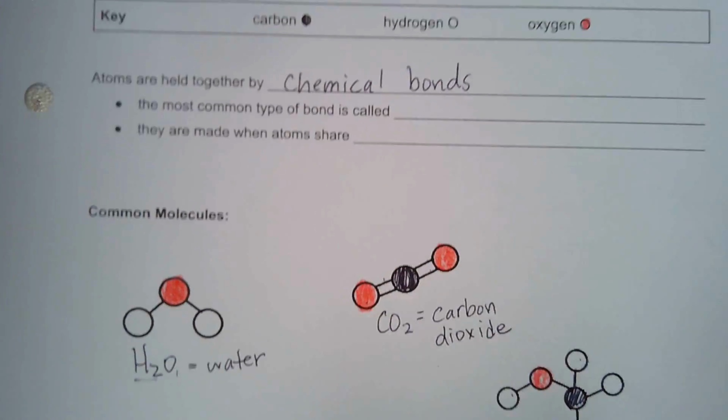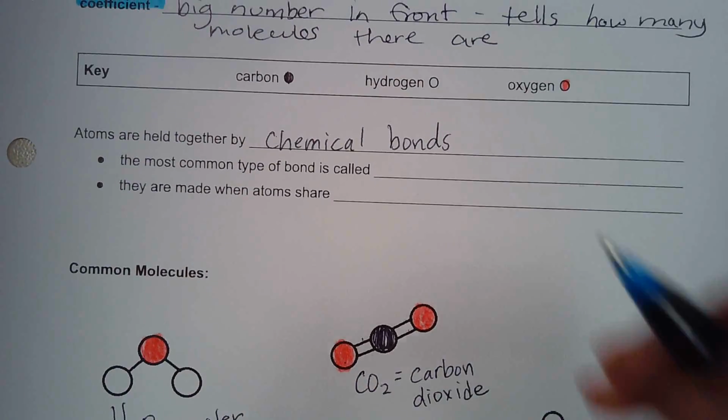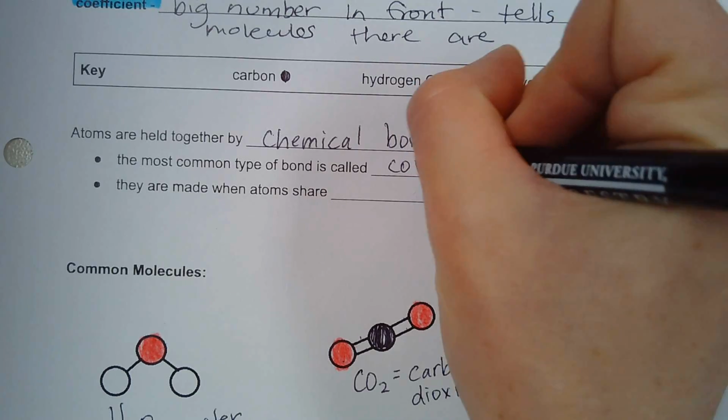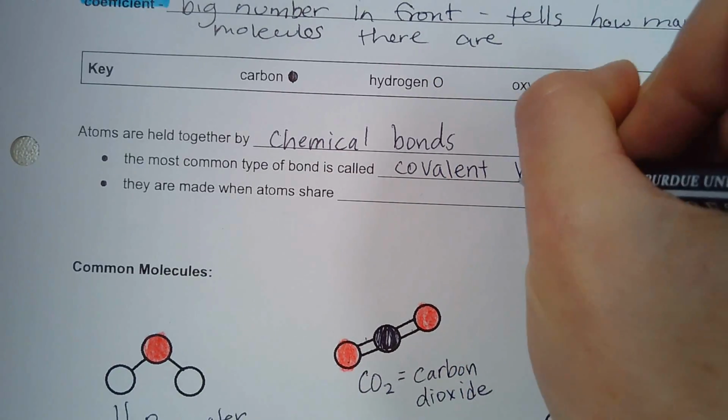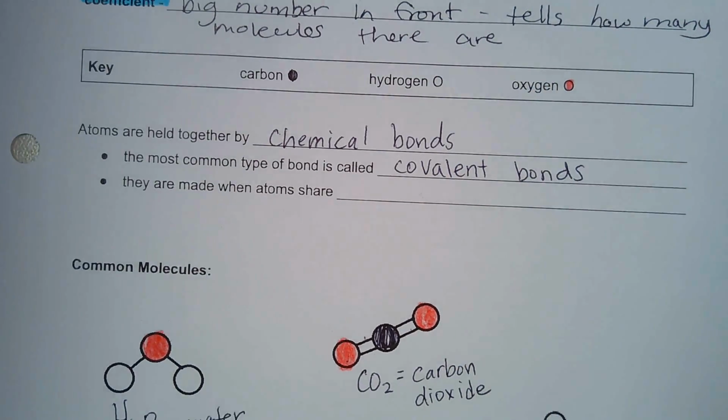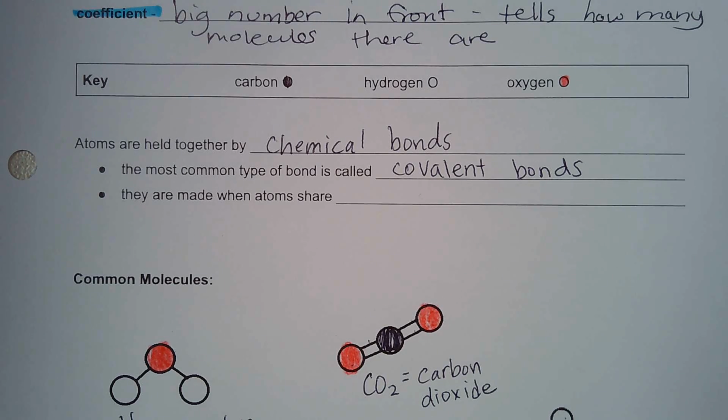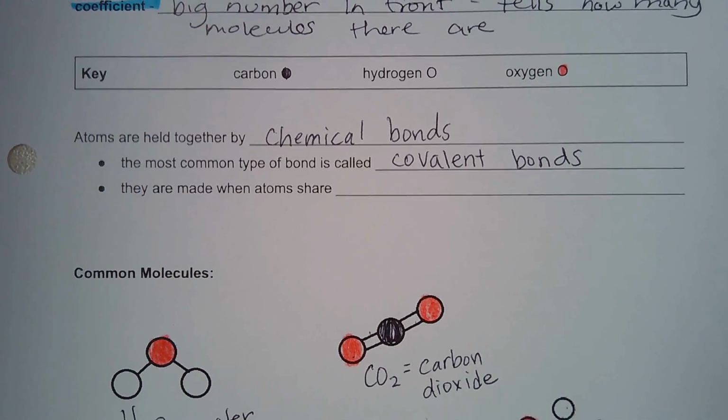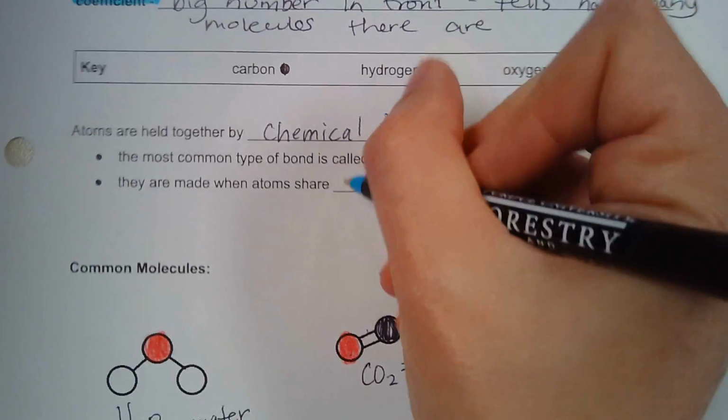Okay, and so the most common type of bond that we will talk about are called covalent bonds. There are many, there's like 2 other kinds, but I don't think we need to talk about those at this level of science. And what causes covalent bonds? It is made when they share electrons.